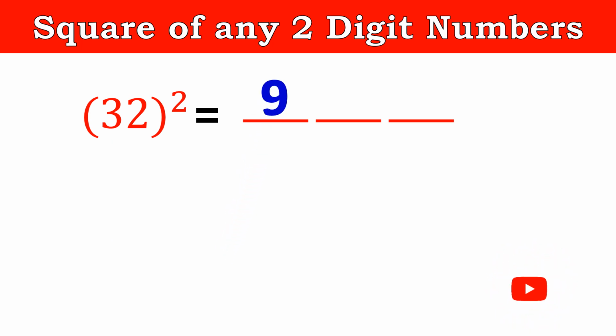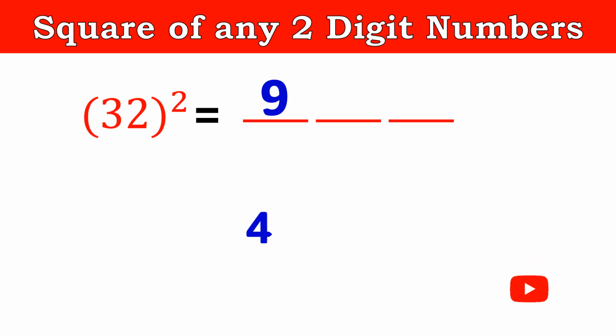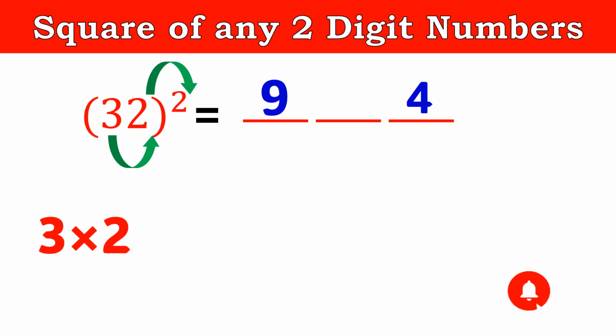The last digit is just the square of the last digit of 32, which is 2. 2 squared is 4, so 4 is the last digit of our answer. So, now this is where it gets interesting, because the middle part is 3 times 2 times 2, the product of the two digits of the original number multiplied by 2.